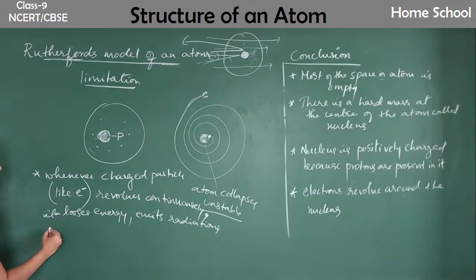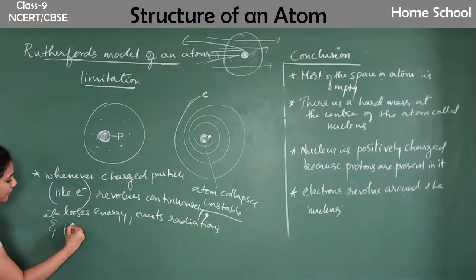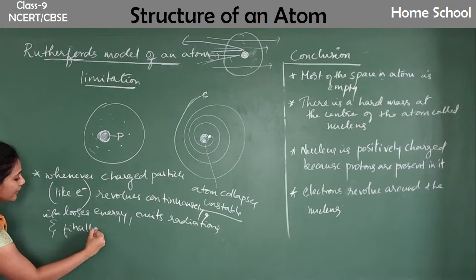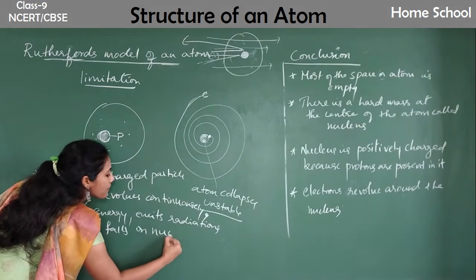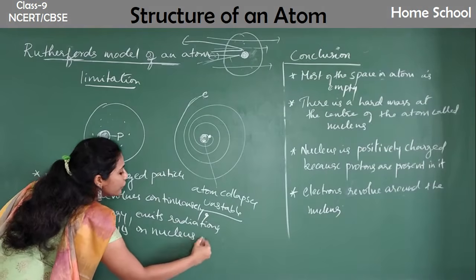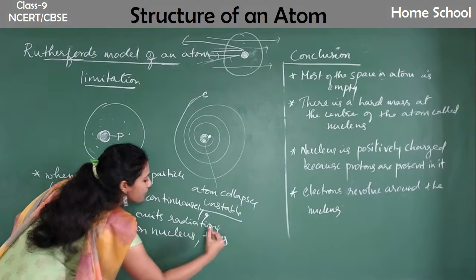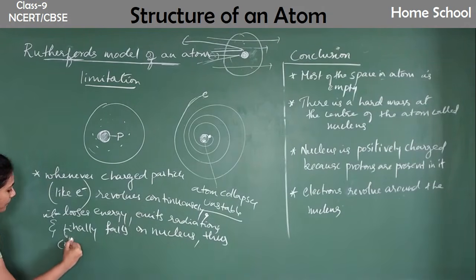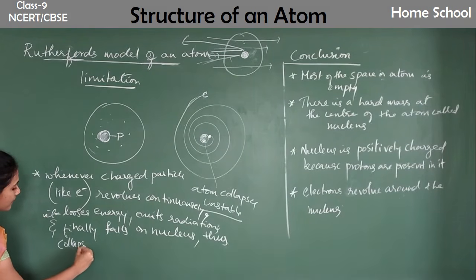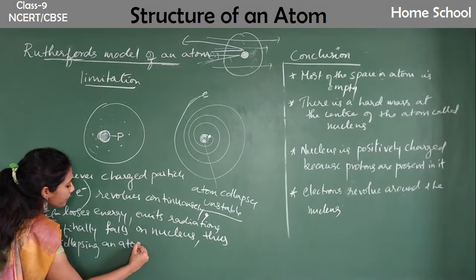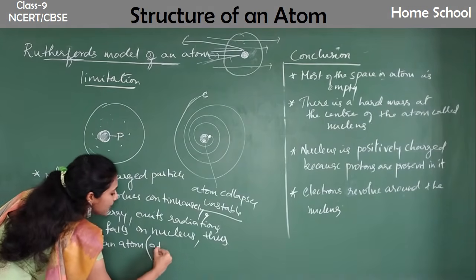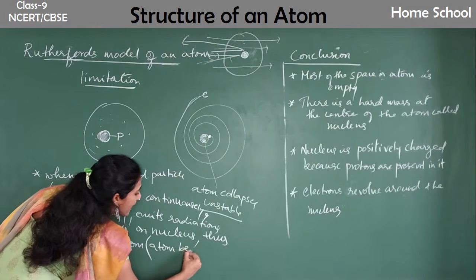It emits radiation and finally falls on the nucleus, thus collapsing an atom. Here, collapsing an atom means the atom becomes unstable.